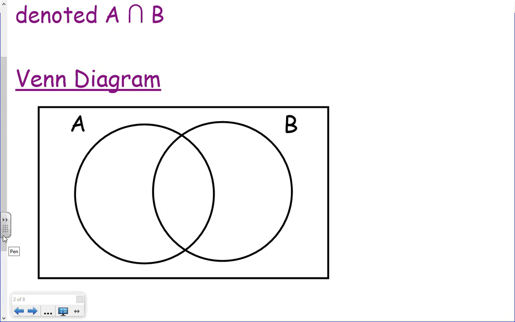We're using these two circles to represent the outcomes in event A, the circle on the left, and the outcomes in event B, the circle on the right, and the overlap that you see is what they have in common. So that's what we're talking about here, the intersection of those events, the set of all outcomes in both event A and event B. So we're talking about this region right here, if I were to shade that in. That right there is literally the intersection of those two circles. This is the intersection of events.